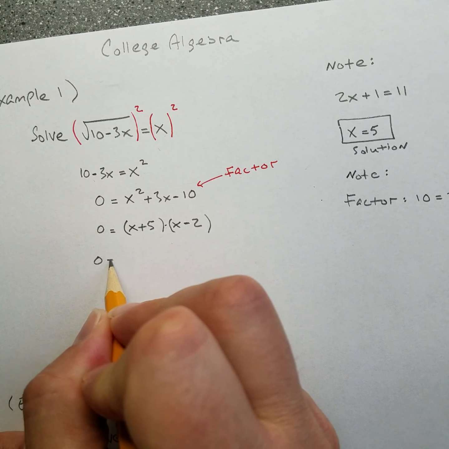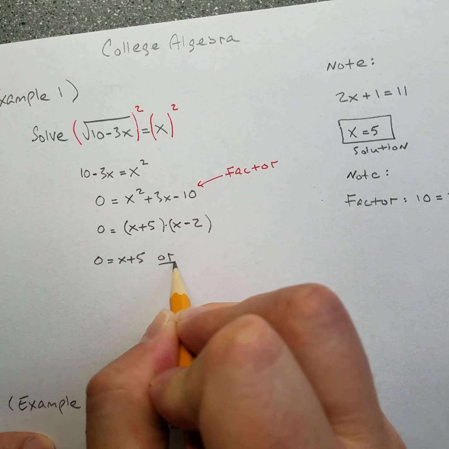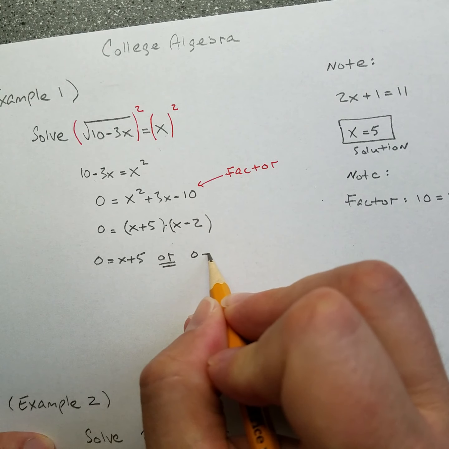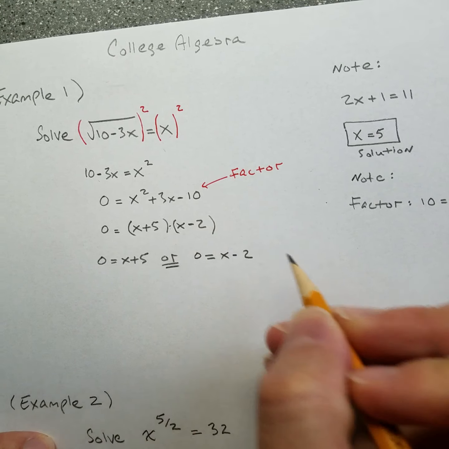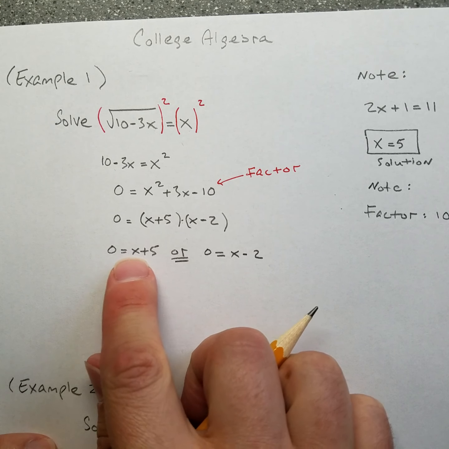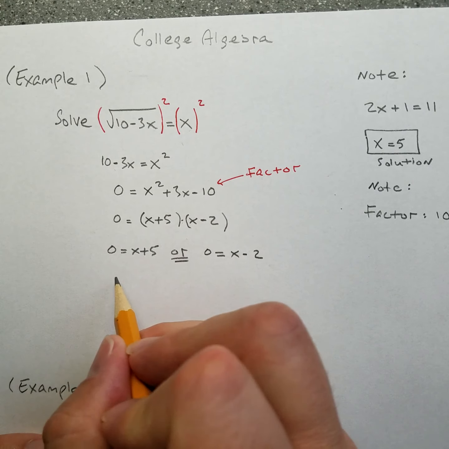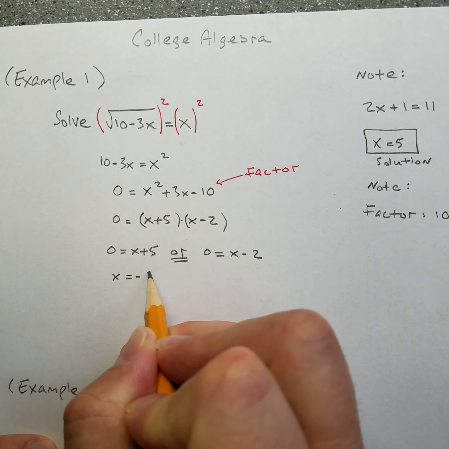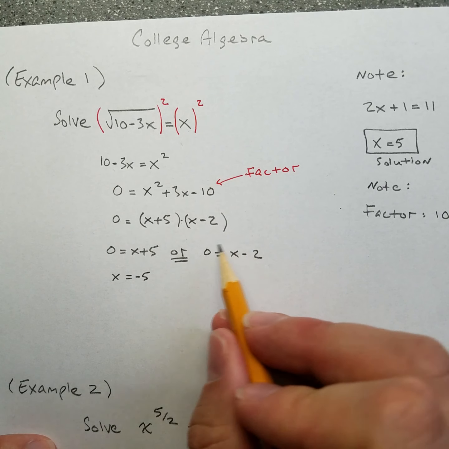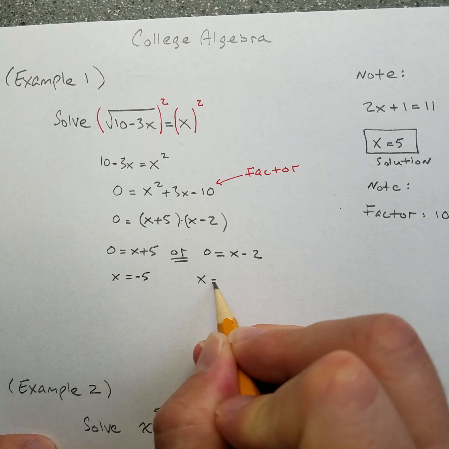So we say, well, x plus 5 has got to be 0. Or the other possibility, x minus 2 has got to be 0. And what would it mean for x if x plus 5 was 0? That means that x was -5. And what would it mean if x take away 2 is 0? That means that x was 2.